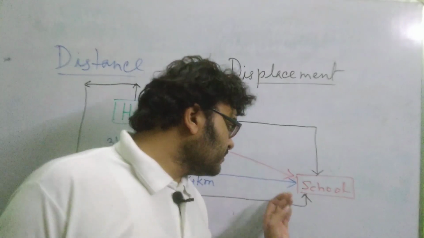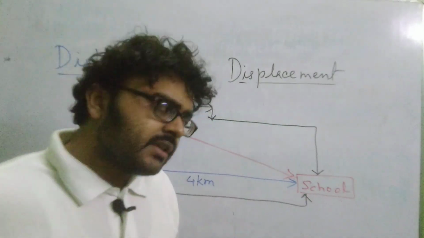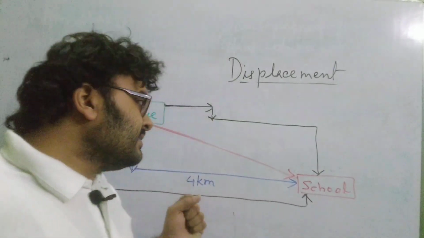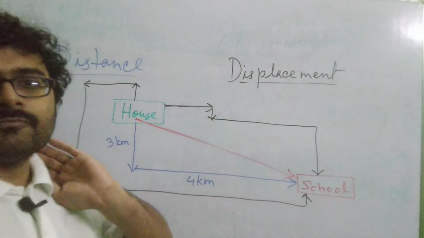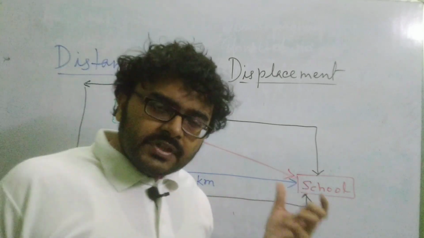It will just take off into the air, go directly southeast and reach your school. There is a playground in your school, it will just land on the playground. So in this case, isn't it that the distance traveled by the helicopter is the shortest? Definitely it is the shortest.